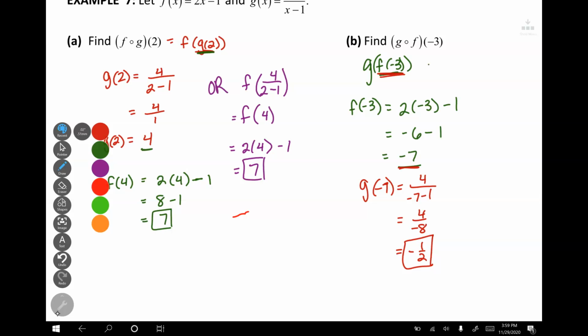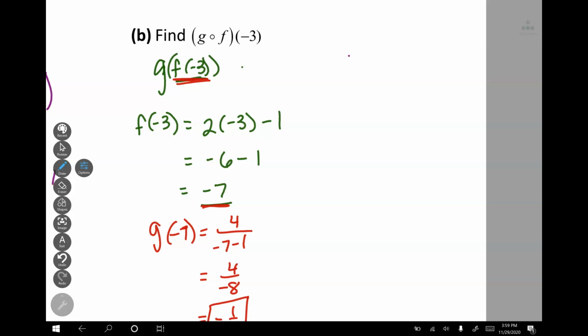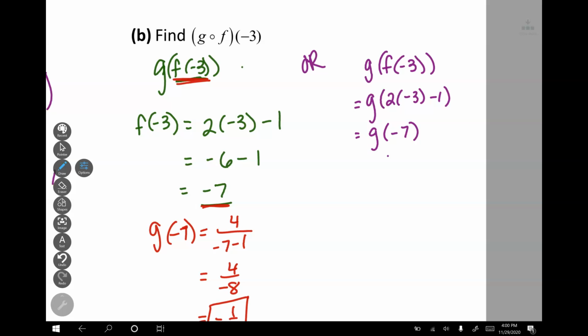If you want to see that done the alternate method, just leaving them together, you could do g of f of negative 3. g of, well, f of negative 3, just looking at your function f, is 2 times negative 3 minus 1, which comes out to negative 7.